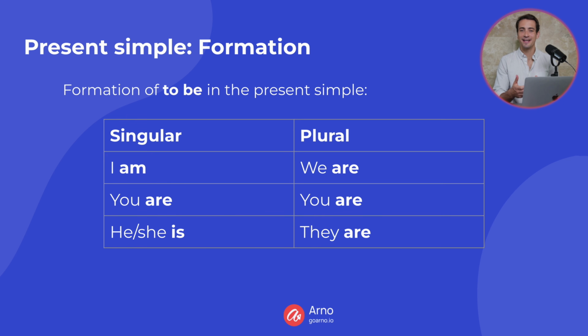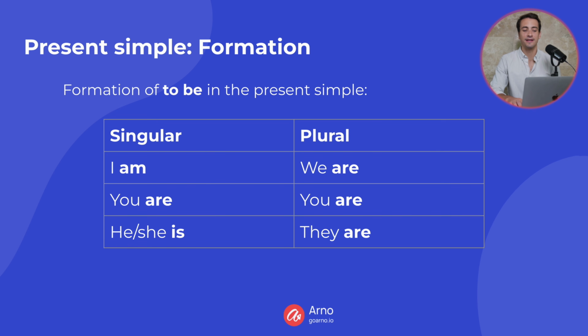So like I said, you probably already are familiar with to be in the present simple, as well as many other verbs in the present simple, because it's such an essential verb tense in English. It's especially important that you know how to conjugate to be in the present simple correctly, because you will actually need it for the present continuous, which we are going to look at later.